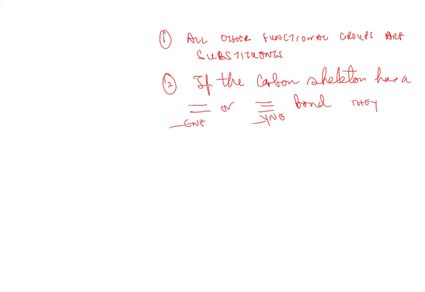That skeleton you selected, which has the highest prioritized functional group, any other functional group is going to be a substituent. But if they have double and triple bonds in that chain, we call them subsidiary groups. They are subsidiary groups. Okay.